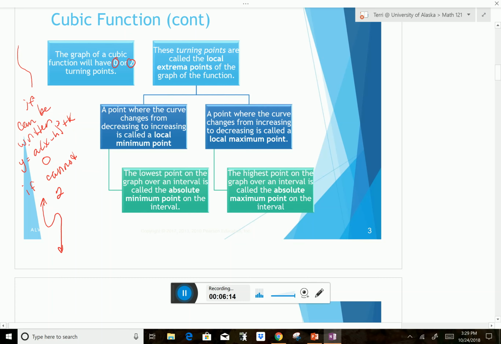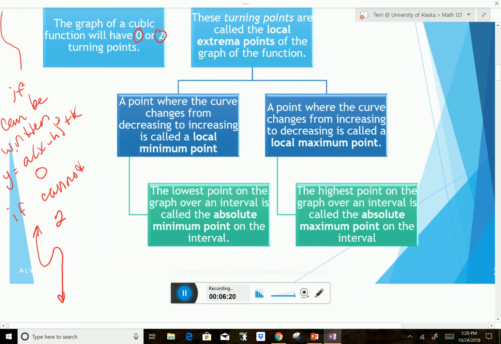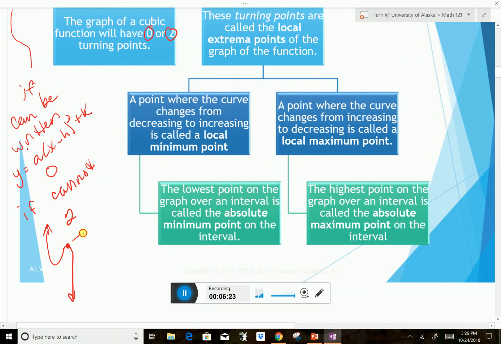These turning points, if we do have them, are called local extrema. What I mean by that is, this is a local max, and this is a local minimum. A local max means it's higher than what's around it.